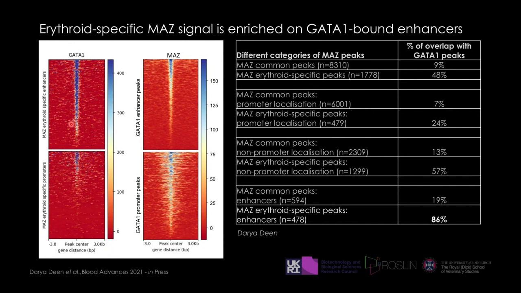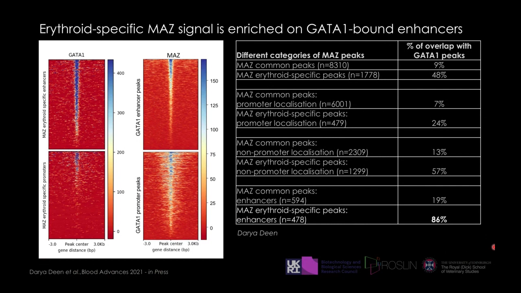And the reverse situation is also true. If you look at GATA1 in the MAZ pool, we saw a correlation at the promoters, but the correlation was even stronger at the enhancer pool as well, up to 86%.